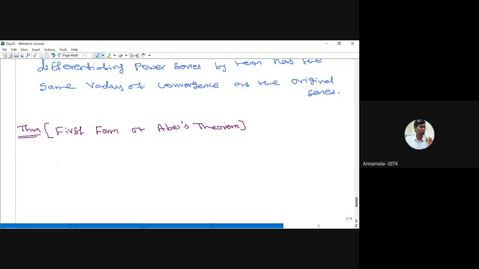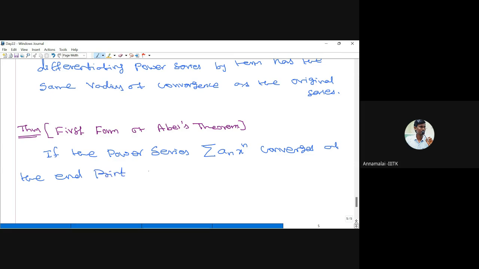Minus r comma r is the interval of convergence. Suppose the power series summation a n x power n converges at the endpoint x equal to r of the interval of convergence.